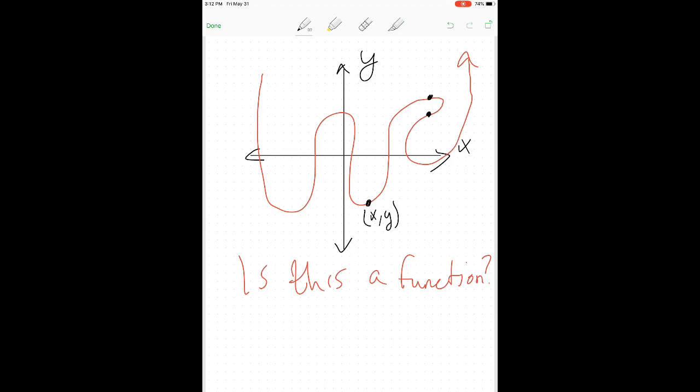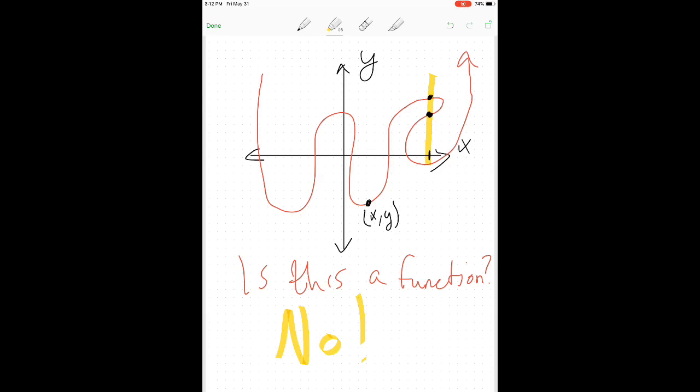Well, both of these points probably have about the same x value, right? I don't know what that is, we'll just call it some x value. But clearly they have different y values, right? Same x value. They're right along this line here, but completely different y values. So is this a function? No. Again, this is not a function.